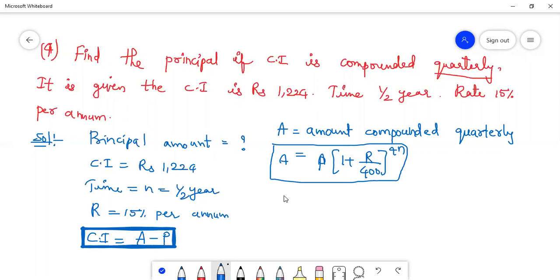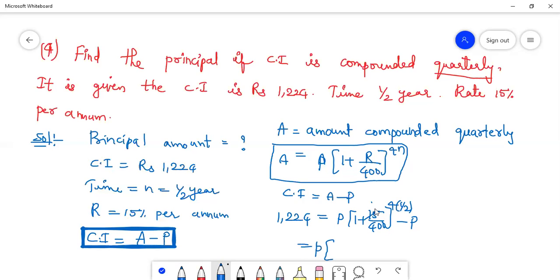The compound interest CI is equal to A minus P. In this, CI, that is compound interest, 1224 is equal to P into 1 plus the rate of interest 15 by 400 whole power 4 into n, n is half year, minus P. Here taking common P, 5 3s are 15, 5 8s are 40, 1 into 80 is 80 plus 3 is 83 by 80, whole square minus P. In this P is taken common, it is 83 by 80 whole square minus 1.